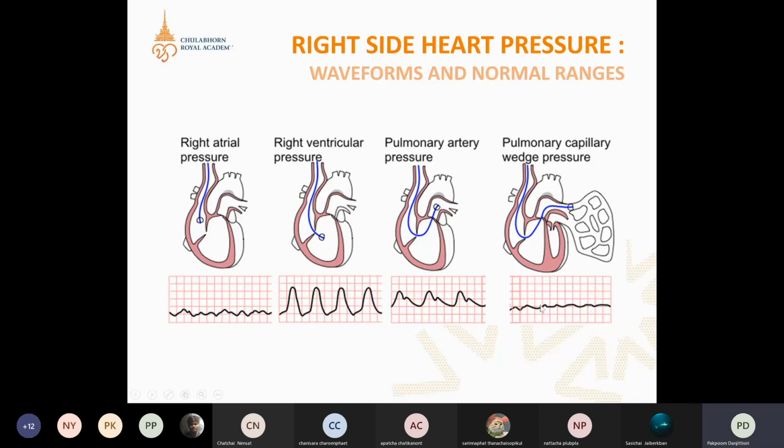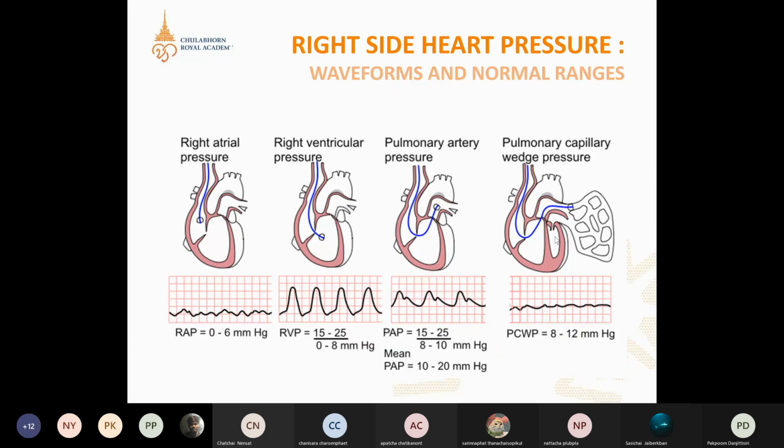You will see that the pulmonary capillary wedge pressure looks quite similar to the right atrial pressure, because the pulmonary capillary wedge pressure can be used to represent the LA pressure. Okay, the normal pressure ranges can show you like this.